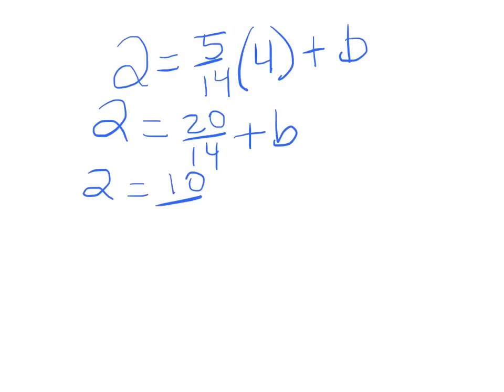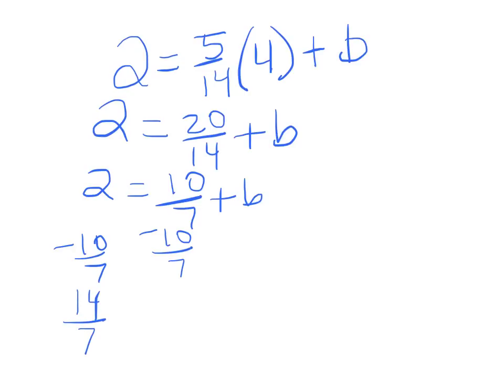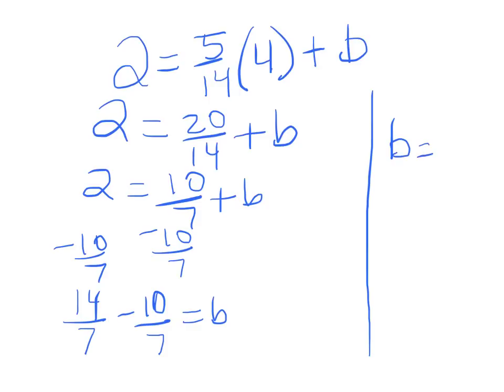That becomes 10/7, and then subtract 10/7 on both sides. Change the denominator of 2 to be 7, which means the numerator has to be 14. And so we have 14/7 minus 10/7 is equal to b. And then we get that b is equal to positive 4/7.